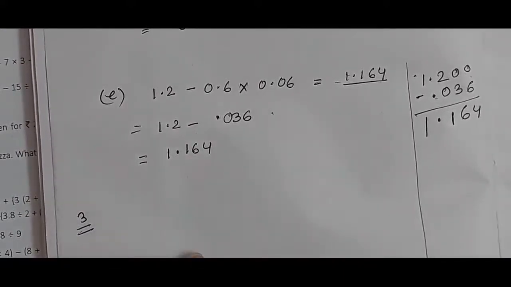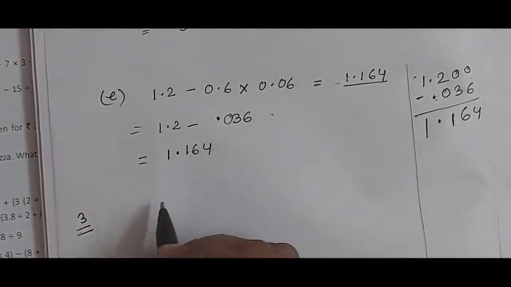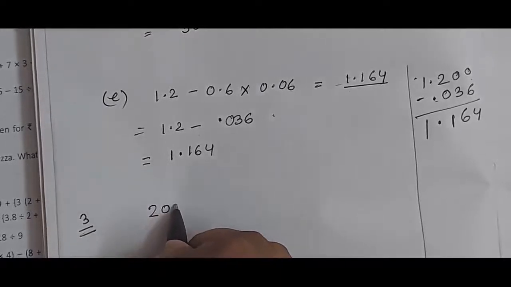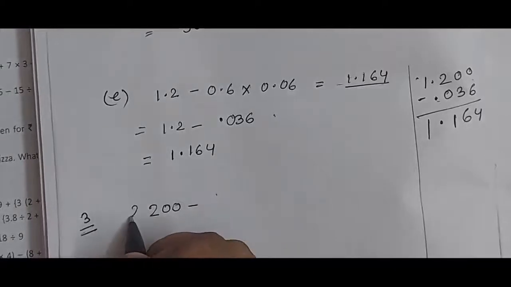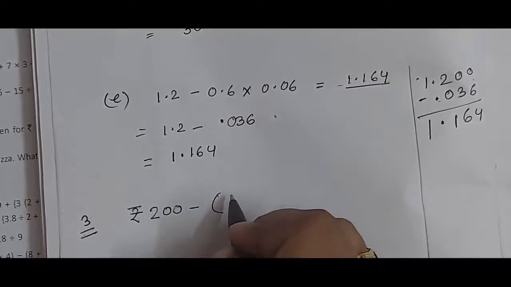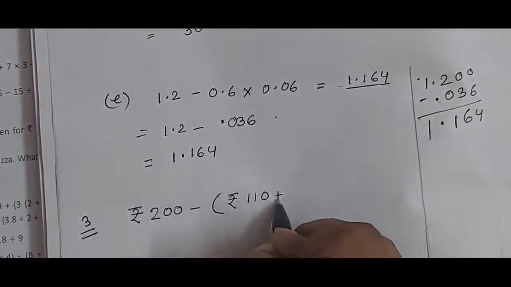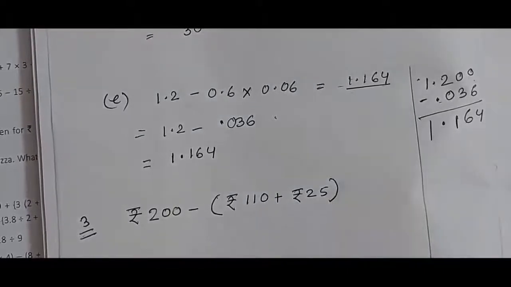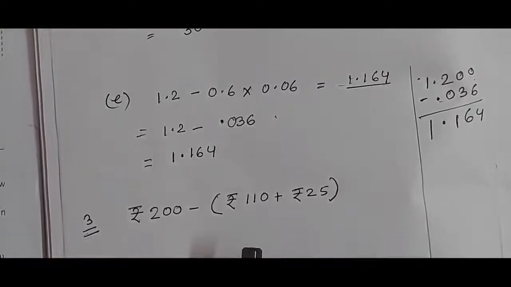Calculator and pen. Yes or no? So we can write 200. From 200 the sum of these two is subtracted. So rupees 200 minus, inside the bracket you will keep rupees 110 plus rupees 25. Okay, so this is the numerical expression for this particular question.